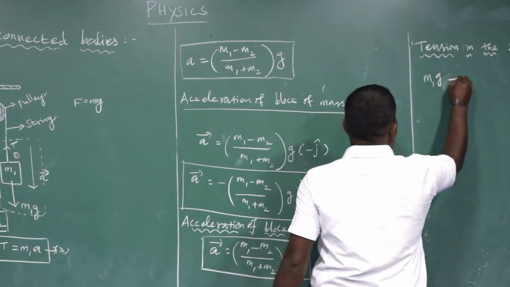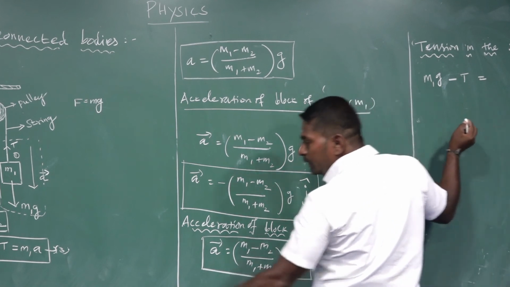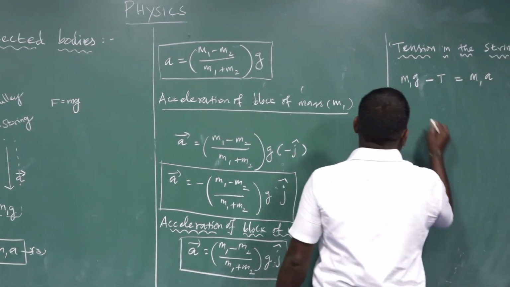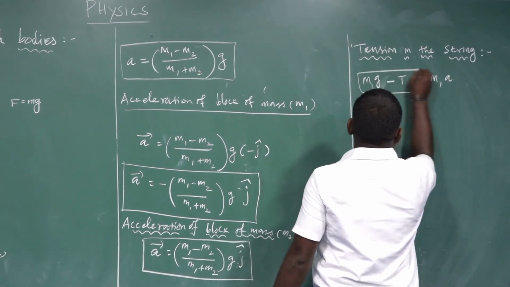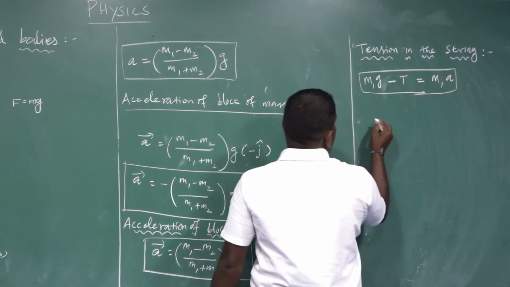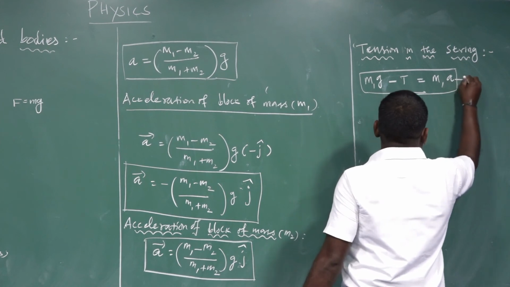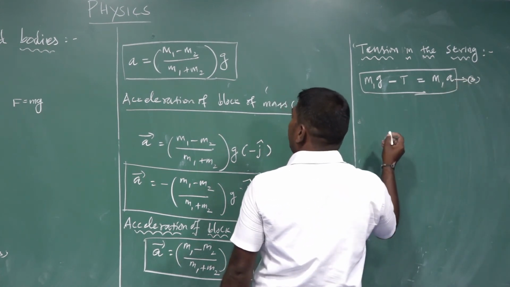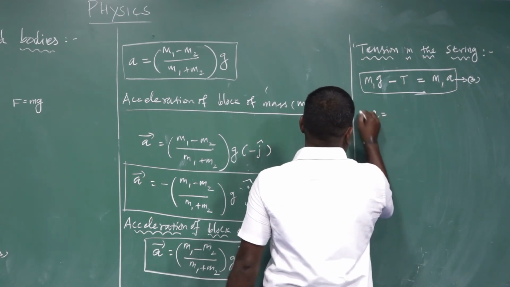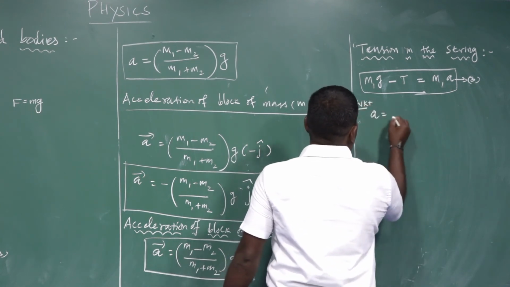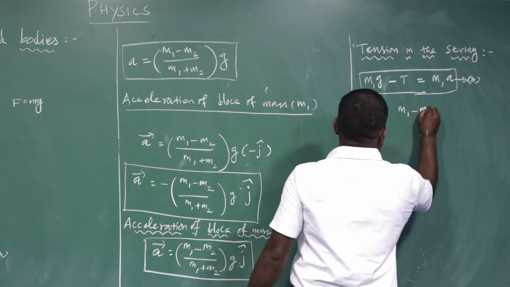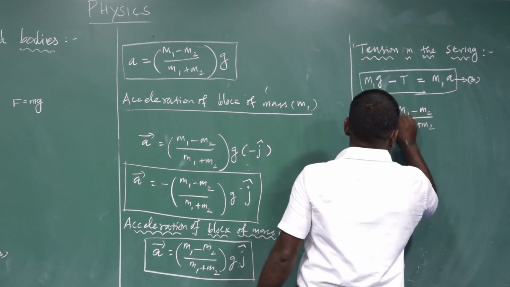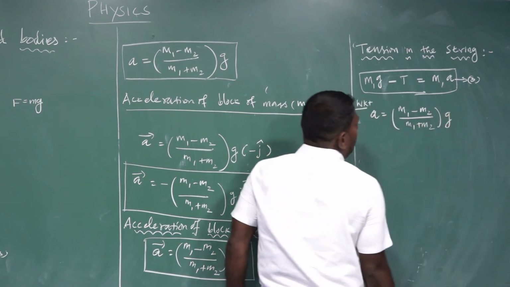m1 g minus T, which is equal to m1 into a. This is equation 3. We know that the acceleration a is equal to (m1 minus m2) divided by (m1 plus m2) into g.